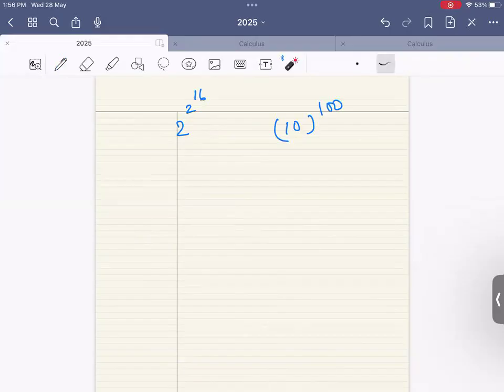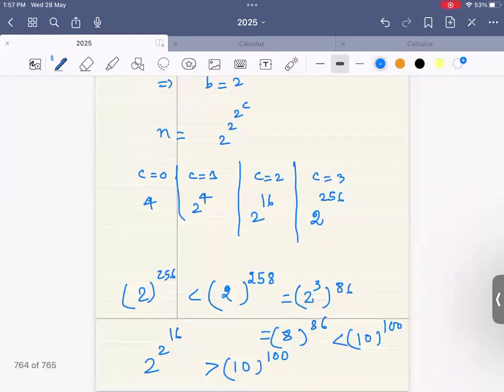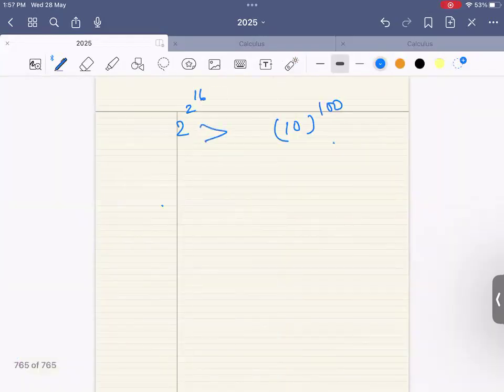That's 16, so 16 will be greater than 10. And if the remaining exponent comes out greater than 100, we are done. So there are only 4 values which work, right? Okay.